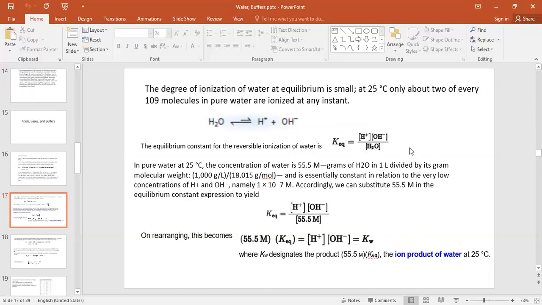Now we know the molar concentration, and we can substitute 55.5 moles in the equilibrium constant expression to yield, and now we have this equation. Now, rearranging this becomes, and this is known as the ion product of water, or KW. So KW means ion product of water.